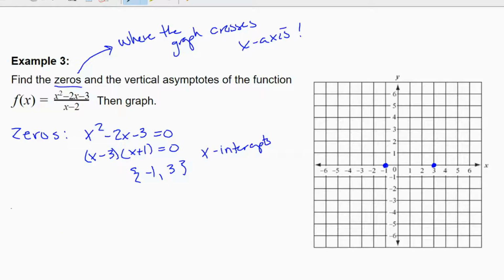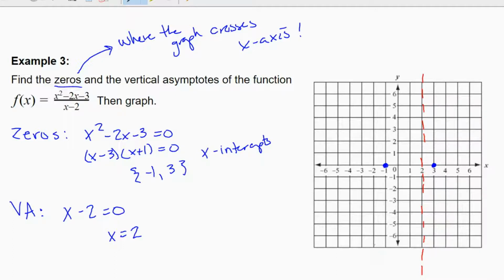So vertical asymptotes are found by setting the denominator equal to 0. And in this case, this gives us a solution that x is equal to 2. So I'm going to graph my vertical asymptote at x equals 2. Okay, so there's my vertical asymptote.